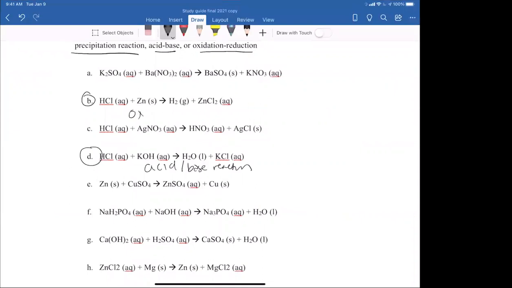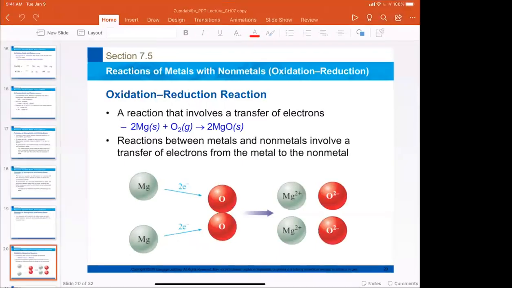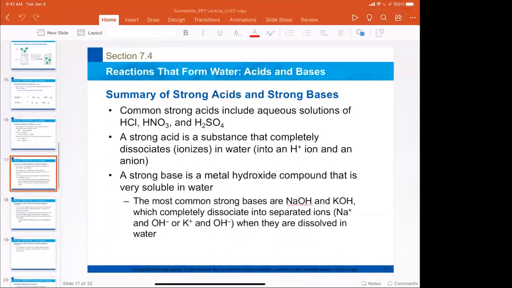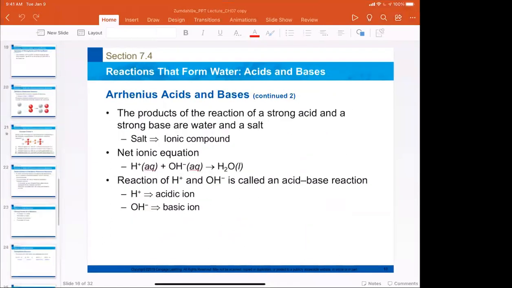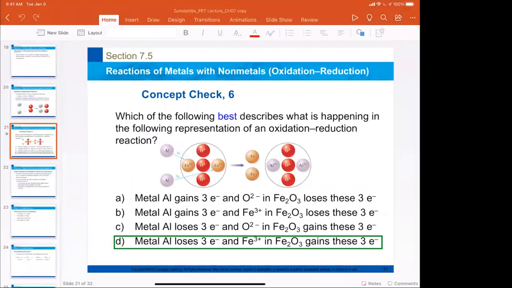Normally, single replacement reactions are oxidation reduction reactions. For example, magnesium plus oxygen is going to transfer its electrons over. In this one, aluminum and iron trade partners, and oxygen is now going to be with aluminum.